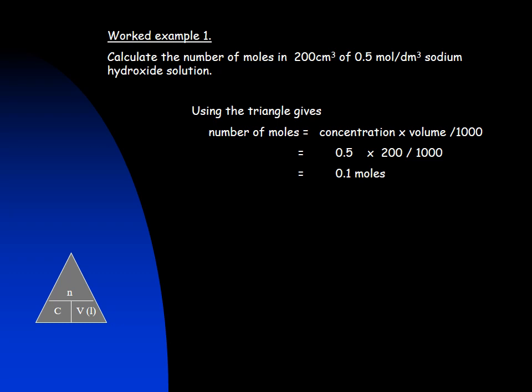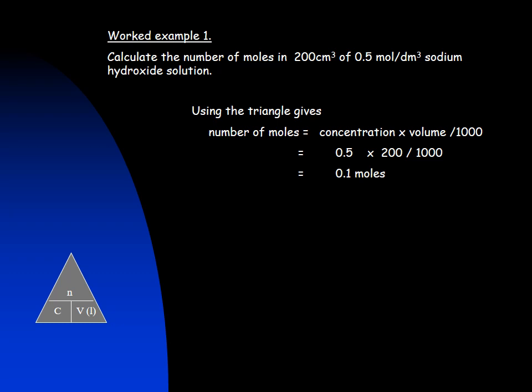So the question is, calculate the number of moles. Okay, so if we take away number of moles from our formula triangle, what we can see is that to calculate it, we need to multiply the concentration by the volume. And you refer back to the question, do we know what the volume is? Yes, we do, it's 200. Do we know what the concentration is? Yes, we do. It's 0.5.